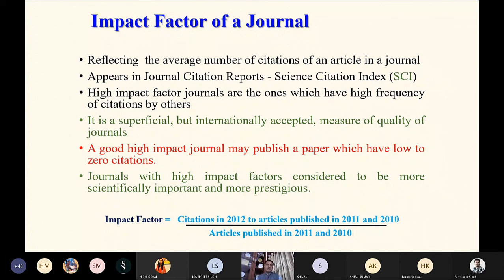For example, for the papers published by the journal 2 years back, whatever citation count they have, we divide it by the number of articles that have been published in the last 2 years. This is how we calculate the impact factor of the journal.